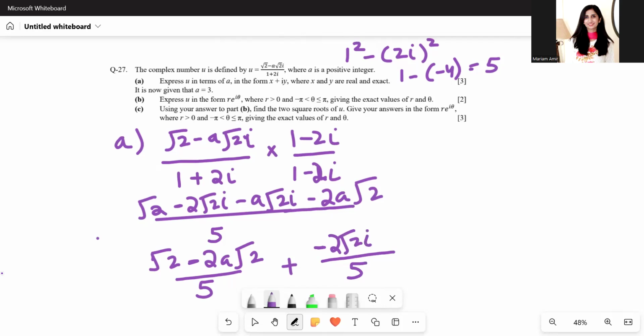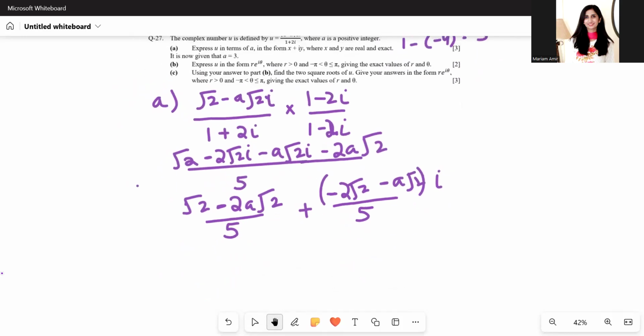In fact, let's take iota common. So minus 2√2 and minus a√2. In fact, we can also take √2 common in both of them. So √2 common.